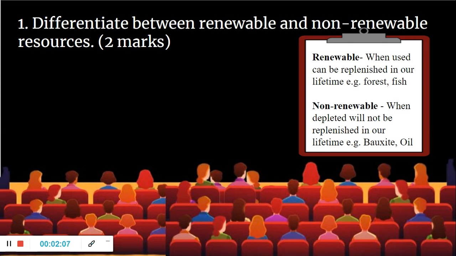So we can say that those resources are exhausted or they are used up. Most of the resources that come under this category are mineral resources, such as bauxite, oil, and natural gas, etc.